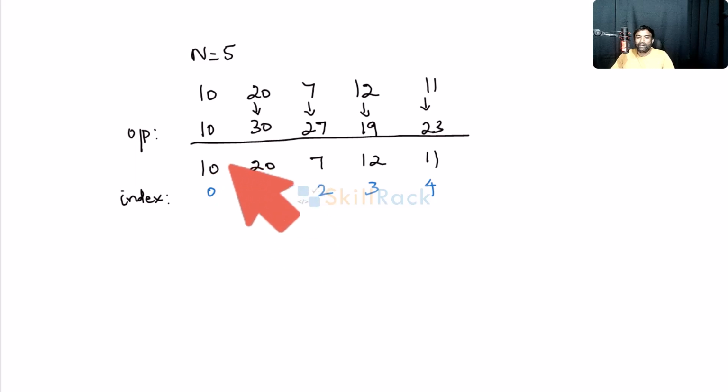You add 20 to 10 and it becomes 30. Next, when you come to index 2, the 20 is not there, it is lost, because in the place of 20, 30 is there. So if you are trying to add 7 to the previous value, you will get 37.